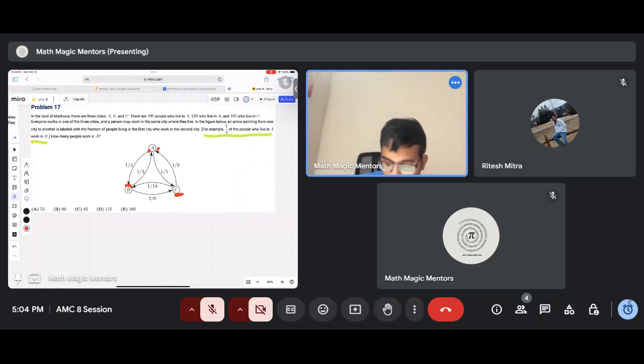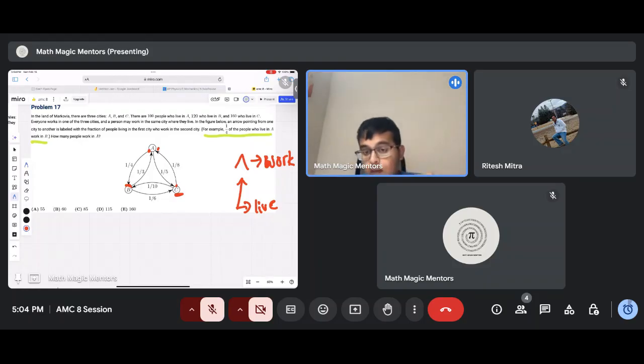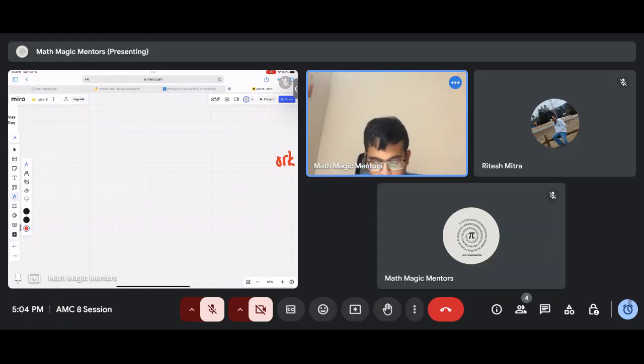The arrowhead means that they work, and the tail means that they live. So where the arrow starts tells us where they live, and where the arrowhead ends is where they work, right?